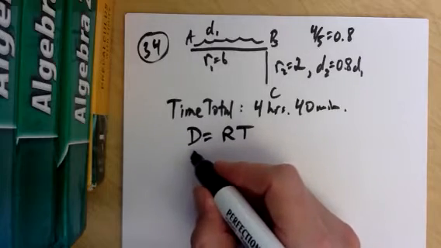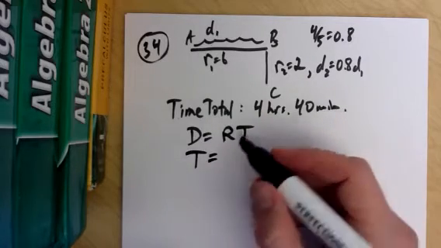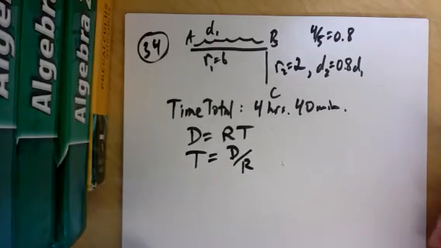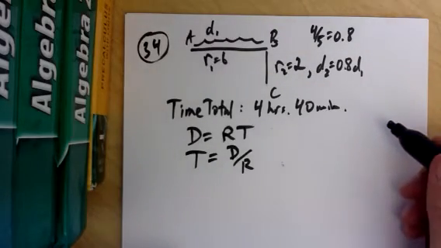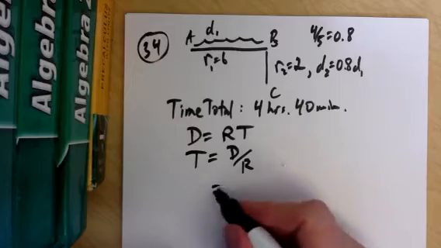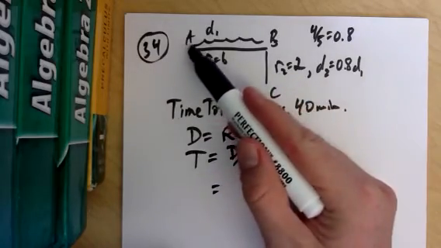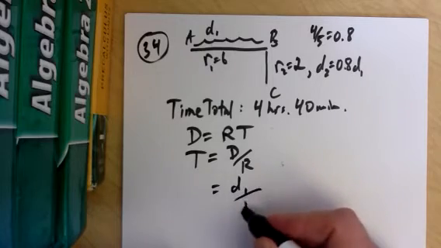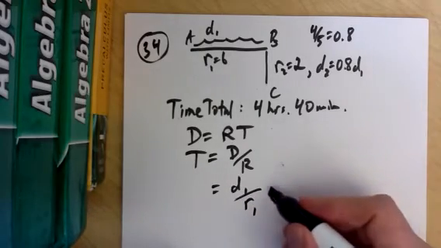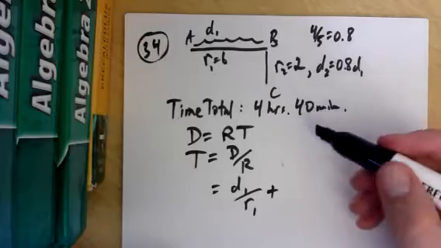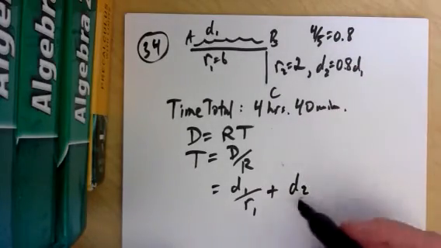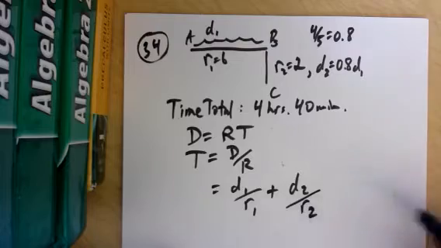Now, that means that time is equal to distance divided by rate. And we can actually break the time up into two parts. The first part from point A to point B is going to be d1 divided by rate 1, plus distance 2, which is the hiking part, divided by rate 2.